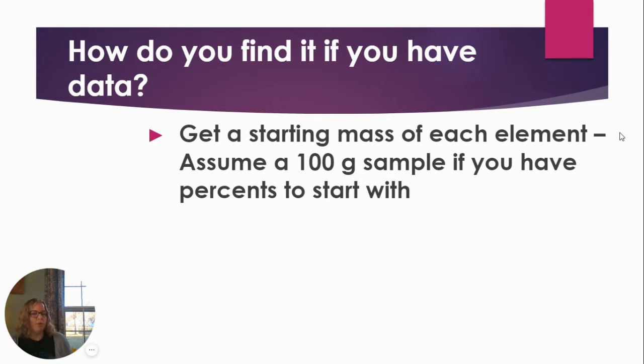The reason we do that is because if we have a compound that's 45% boron by mass, and you have a 100-gram sample of that, it means that you'd have 45 grams of boron. So if you get masses, start with the masses. If you get percentages, turn each element's percentage into a mass that matches its percentage, and then you commence with the problem.